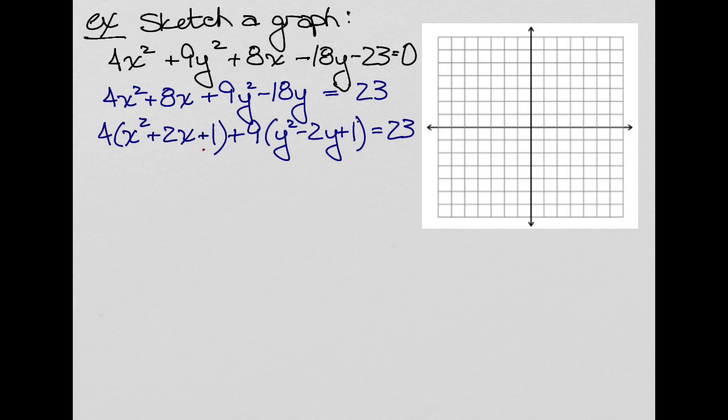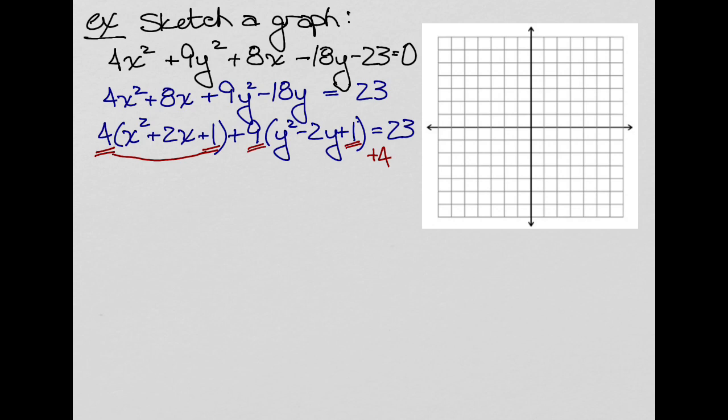For the x's, I put a plus 1 right here, but the thing is, I didn't just add 1. That plus 1 is inside a set of parentheses that has a 4 distributing through it. So I didn't really add 1, I actually added 4 for the x's. Same thing with the y's. I put a plus 1 right here, but that's inside a set of parentheses that has a 9 distributing through.